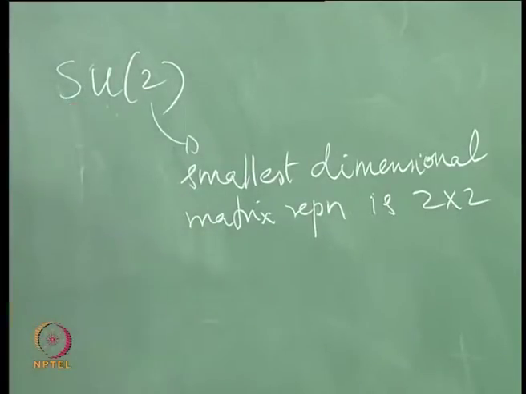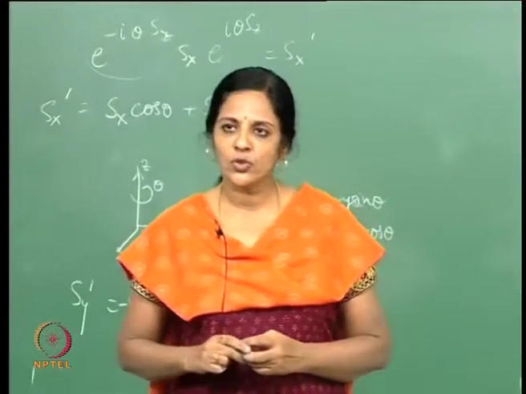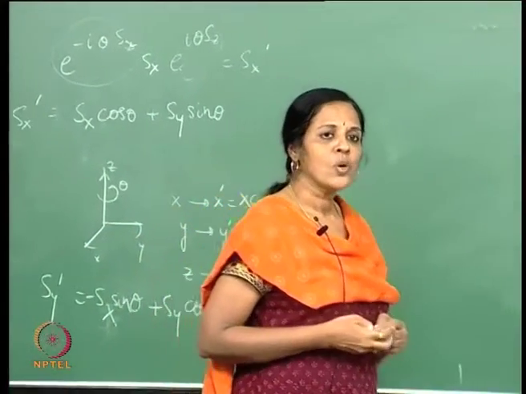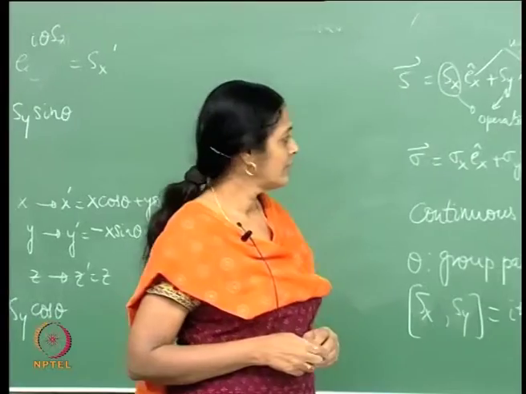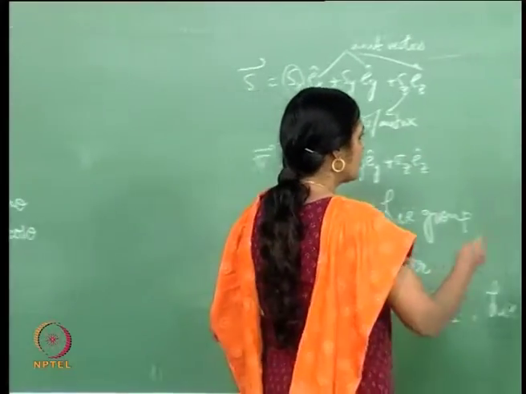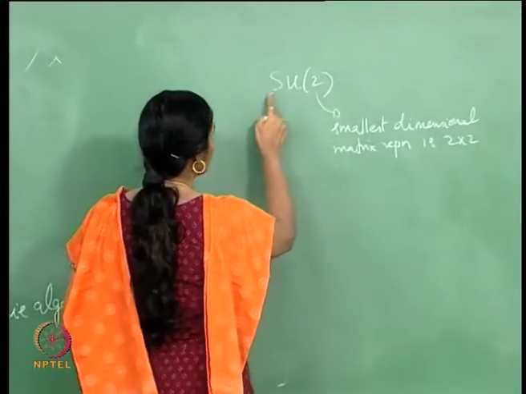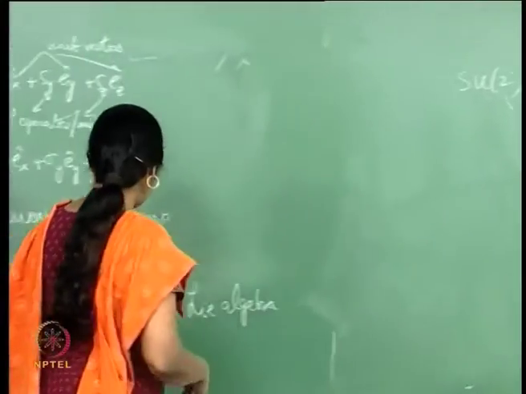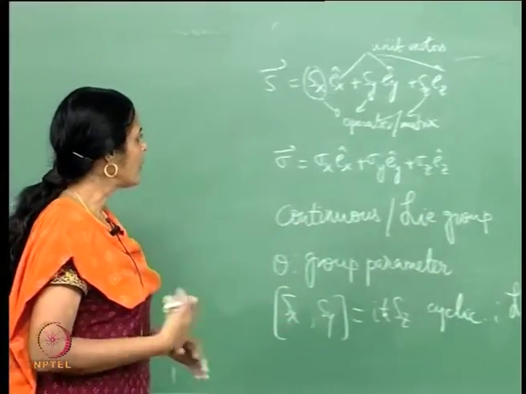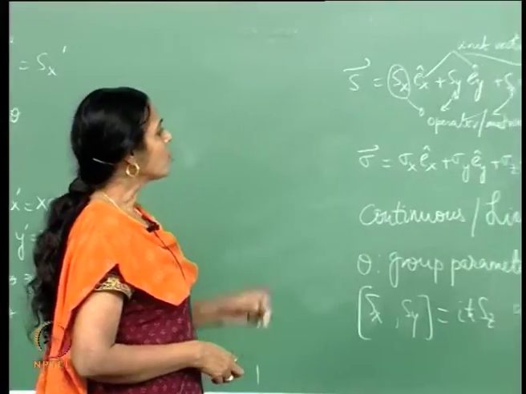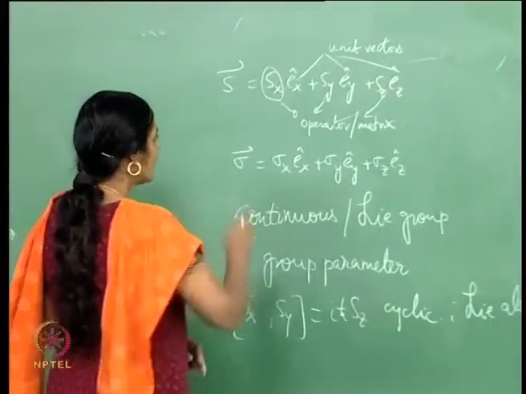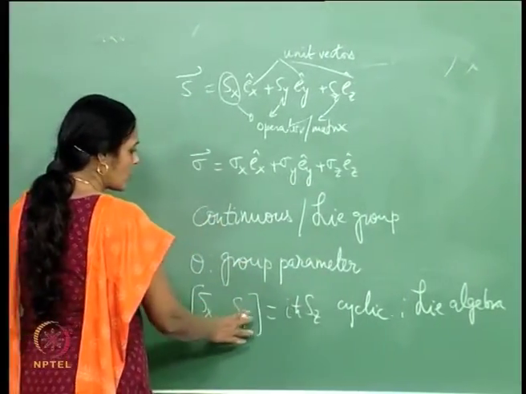Special because a unitary matrix in general has determinant +1 or -1, and in this case it is possible to choose all of them to have determinant +1, and that is what is meant by SU2, the special unitary group of transformations. And you can see that the spin matrices naturally obey this SU2 algebra. This is the SU2 algebra.